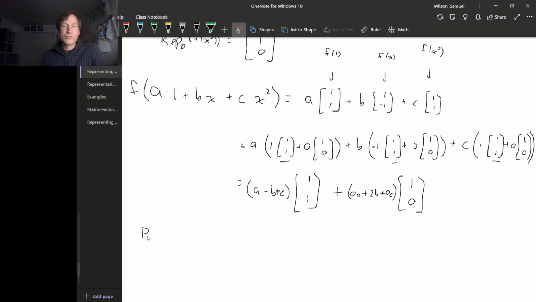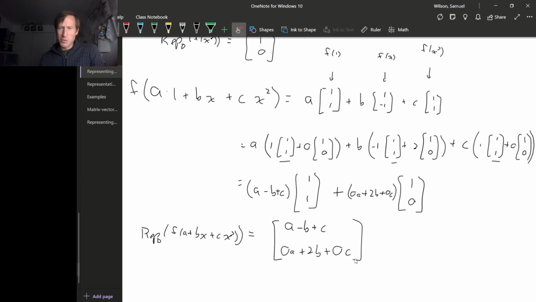So what does rep d do to this? Rep d of f of a plus bx plus cx squared. Rep d just pulls off these coefficients, right? So this one is a minus b plus c, and this one is 0a plus 2b plus 0c.